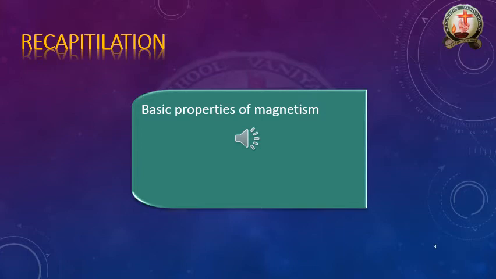So the attraction power is more at the ends of the magnet compared to the middle. This is the basic properties of magnets I explained in our previous class. We can revise once again. Now we should start today's class.